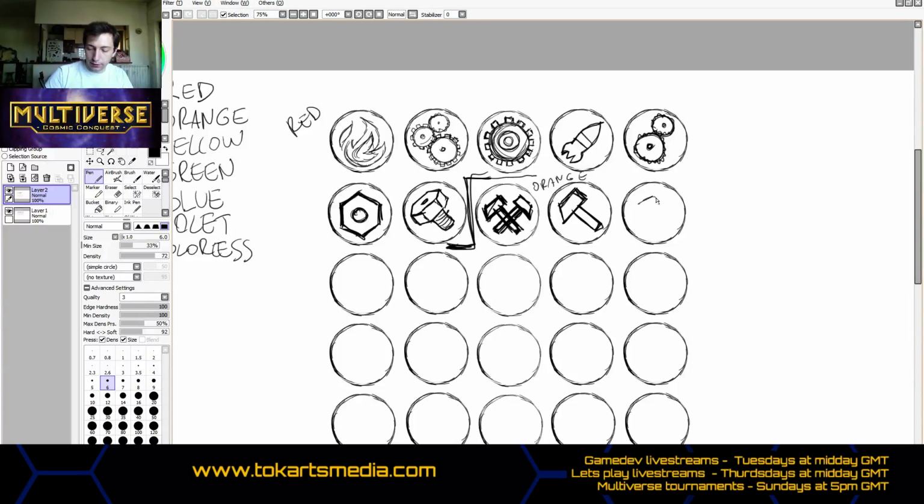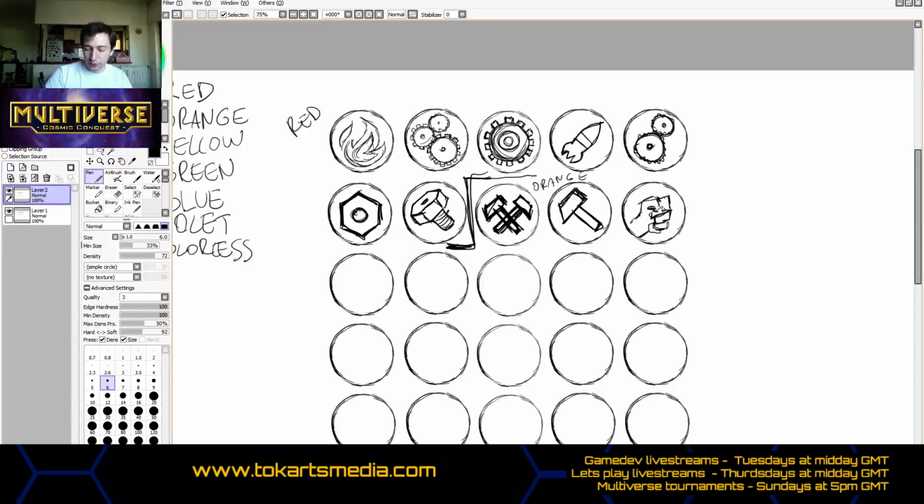So the fist, I don't think that it's the best symbol. Kind of looks political, and I don't want it to look political. Plus, it looks humanoid. Oh, what a beautiful fist, right?